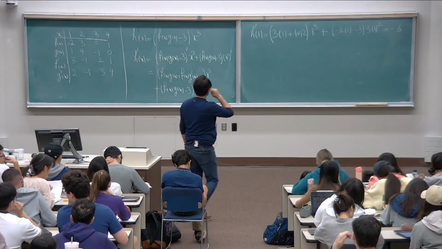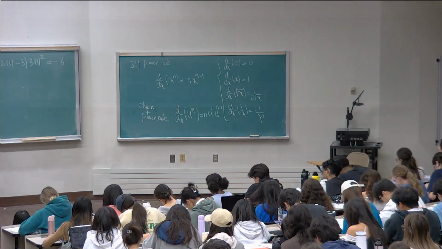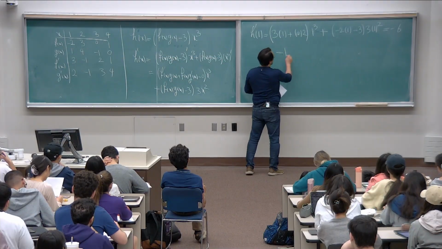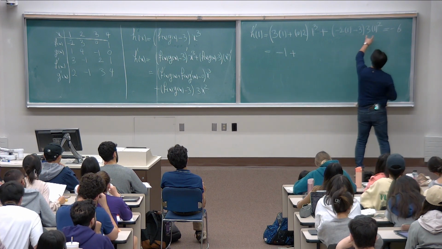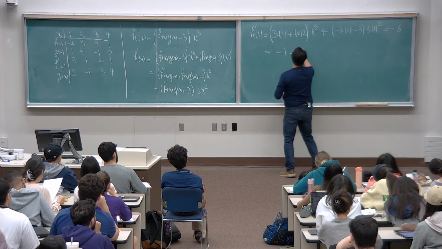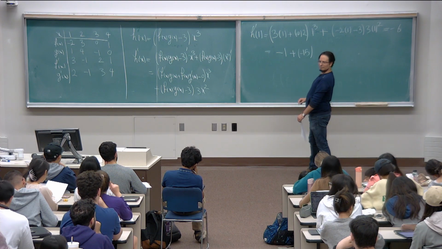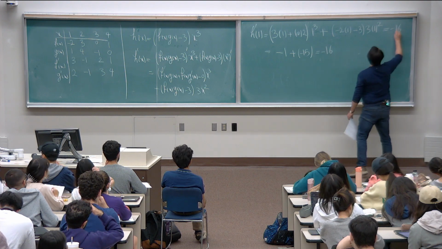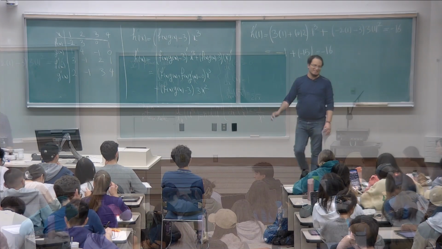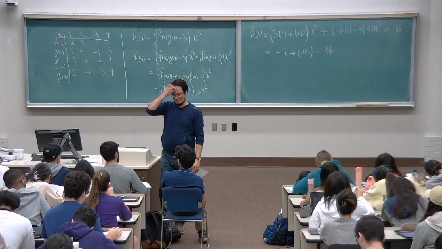Wait a minute. Okay. Let me see. Oh my God. I didn't want to do all this work. Negative 5 times 3, negative. Oh, we were close. Oh man, come on. Negative 16. Yes, thank you.